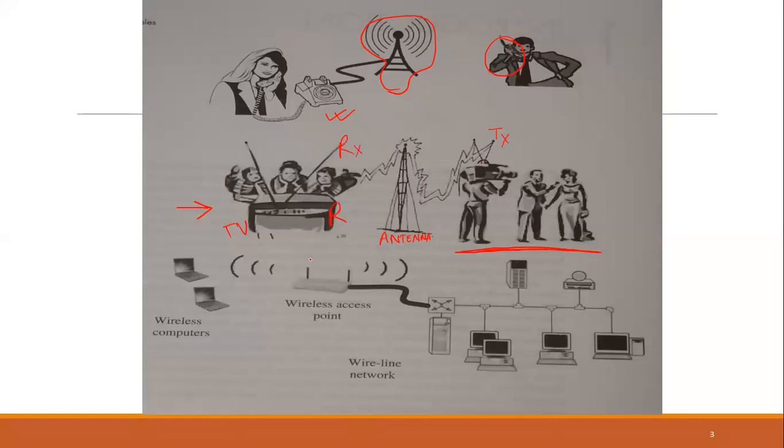In the next case, you can see that there is a wireless access point, and this wireless access point is connected with a number of systems, whether it is a desktop or any other device. There is a wireline network. You can see here, there is a wireline network, but in this case, there is a wireless computer.